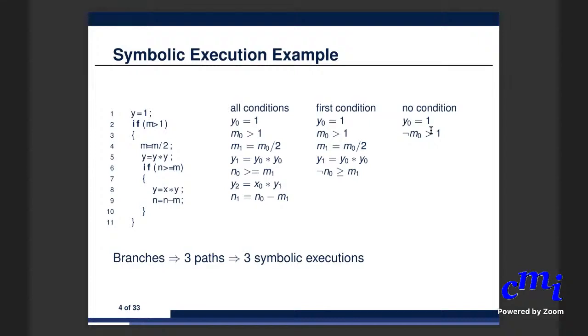Any sequence of states that satisfy these predicates will be an actual execution path. In this way, I have split the set of all executions into three symbolic executions, because each of these symbolic execution paths represents a potentially infinite set of actual execution paths with actual values.